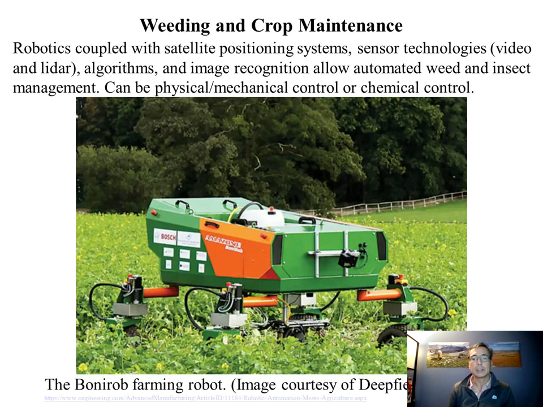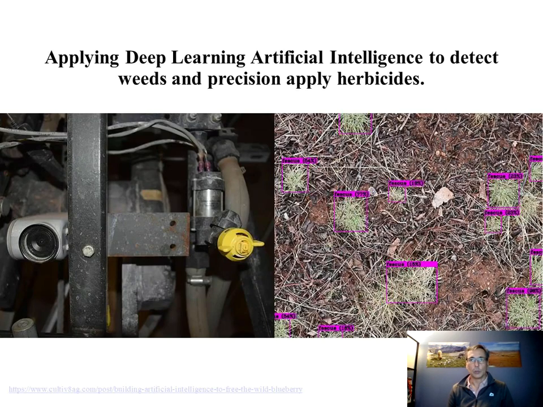So there's different mechanisms of weed control, but the robots are definitely starting to be developed. And they're being developed for use in small scale, small vegetable gardens to large vegetable operations to larger orchards and vineyards.